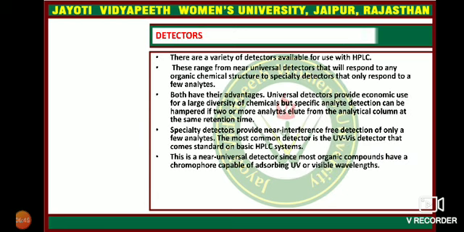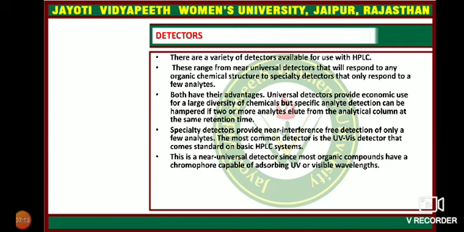Detectors. There are various types of detectors available for use with HPLC. These range from near universal detectors that will respond to an organic chemical structure to specialty detectors that only respond to a few analytes. Both have their own advantage. Universal detectors provide economic use for a large diversity of chemicals, but specific analyte detection can be hampered if two or more analytes elute from the analytical column at the same retention time.